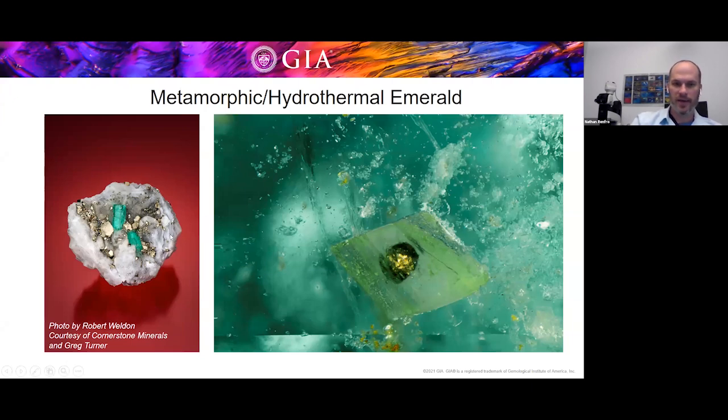So you have these veins that are filled with this calcite and pyrite suite. And so in Colombian emeralds, you often get these inclusions of calcite and pyrite because those are the minerals that were present while the emerald was growing. That's what was available at the time for an inclusion to be incorporated into the stone.